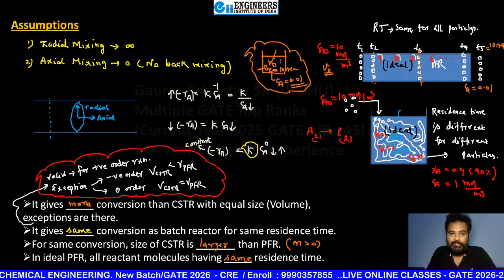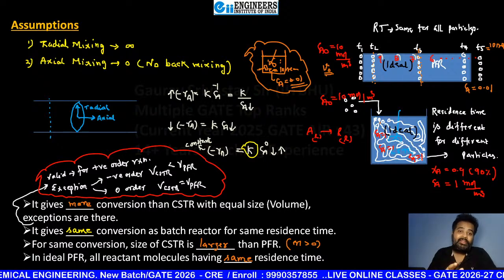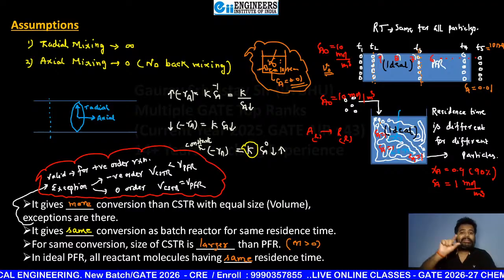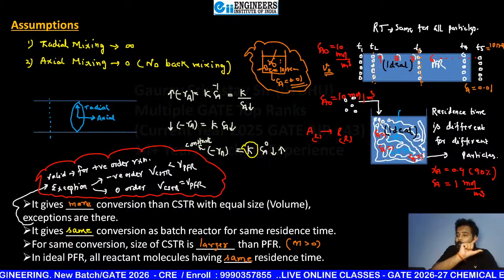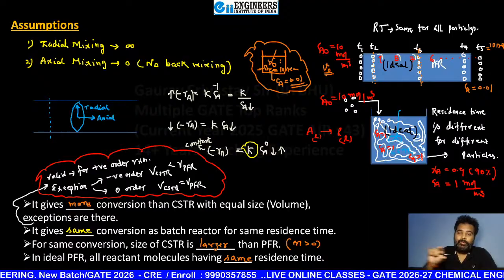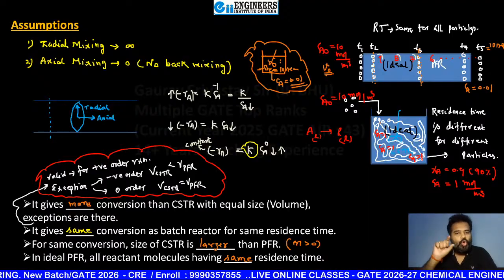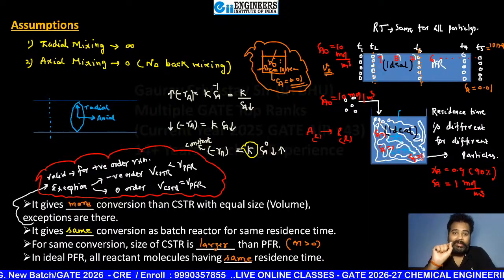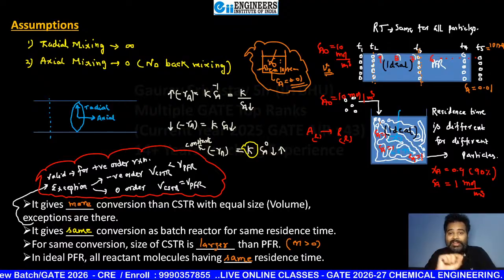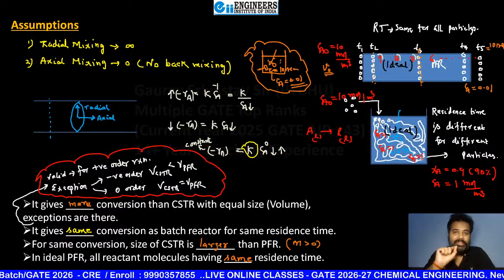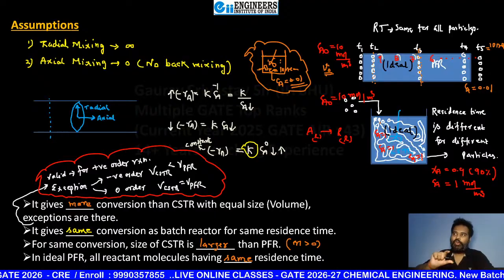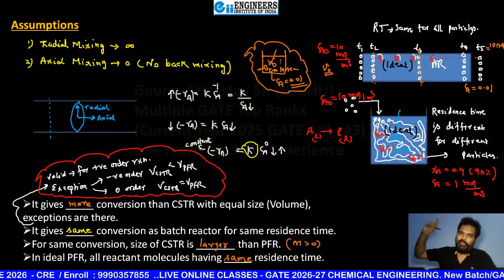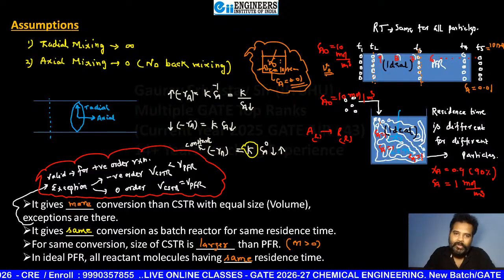CSTR, whereas in PFR you had seen a gradual decrease in concentration. Fluid elements flow like plugs, that is plug flow, with no axial mixing, and here concentration gradually decreases from CA0 at entry to CA at outlet.